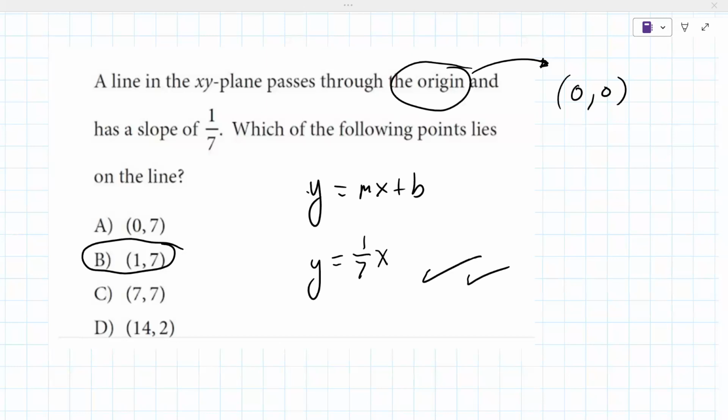Let's look at some other ones here. All right, let's do some ratio from figures. So here's a new problem for you to look at.